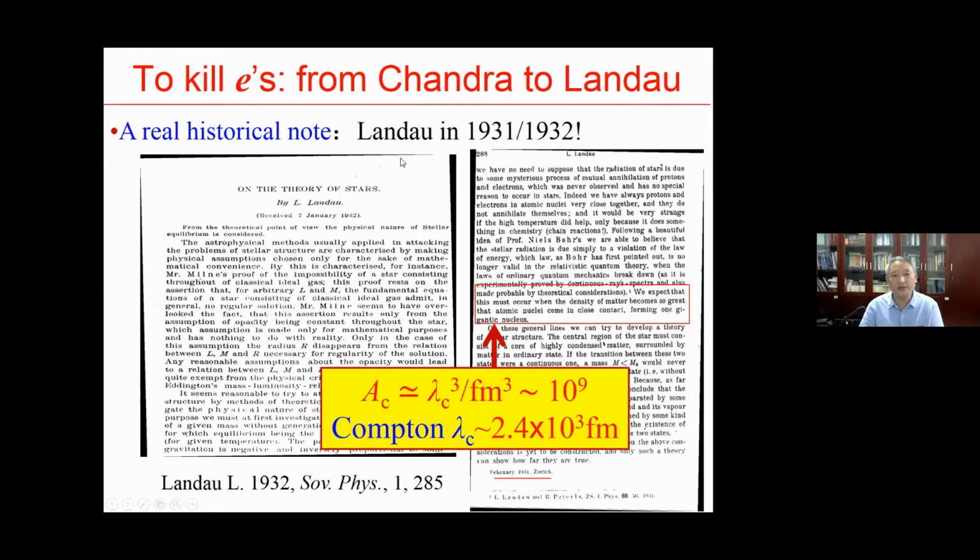The real history was from Landau in the beginning of 1930. Landau published a paper, and this paper was considered as the origin of neutron star.